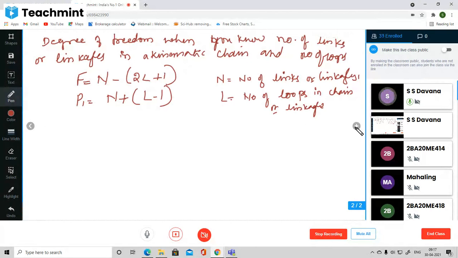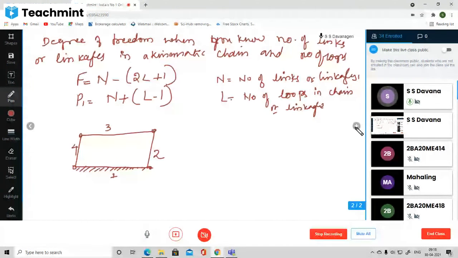For example, if we take a 4-bar chain which has 4 elements, element 1, 2, 3, and 4, how many loops have been formed here? Only one loop has been formed.